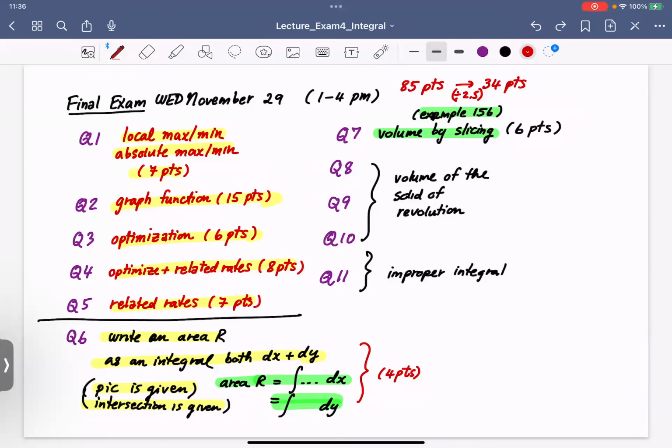You need 80 to get an A. You can see that the derivative part here is already 43, so it's already half for the application of differentiation. The application of integration is going to be the other half. So that's what we're going to do for the final.